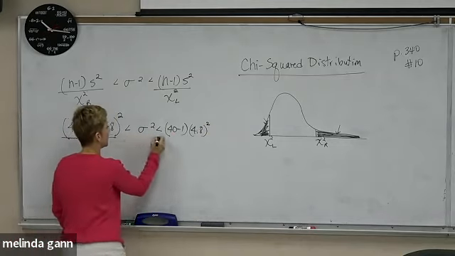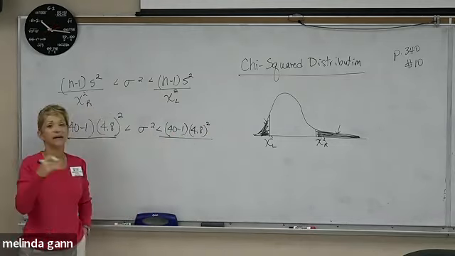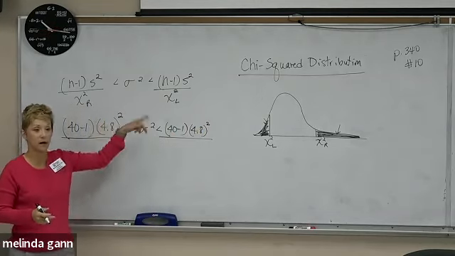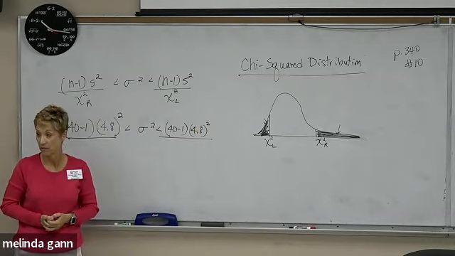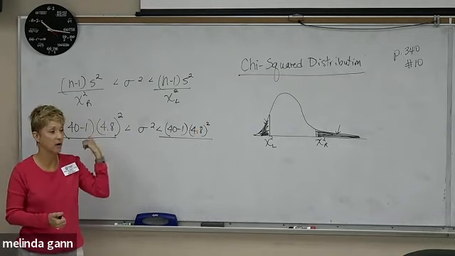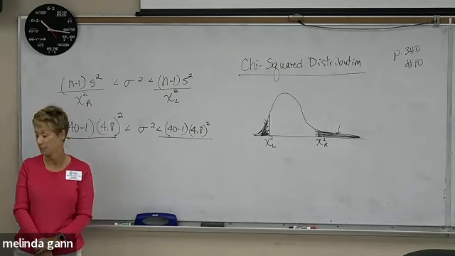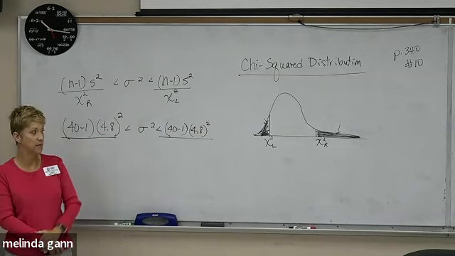So here's what I meant. The only numbers that they don't give you are the chi-squared numbers. But don't you know how to get chi-squared numbers now? So go get me the chi-squared left number and the chi-squared right number. And then we're gonna substitute them in.